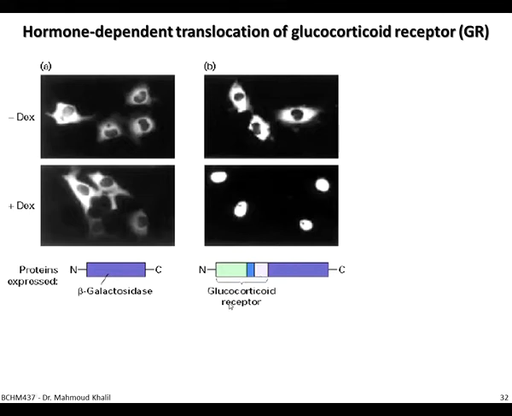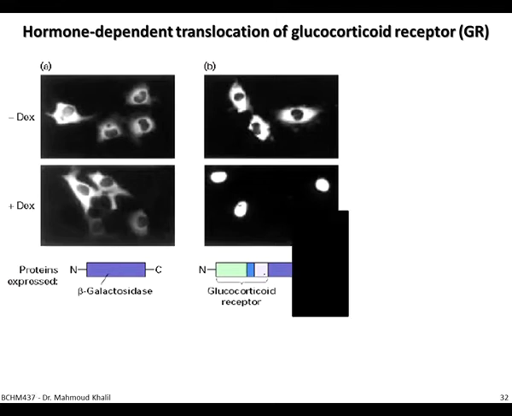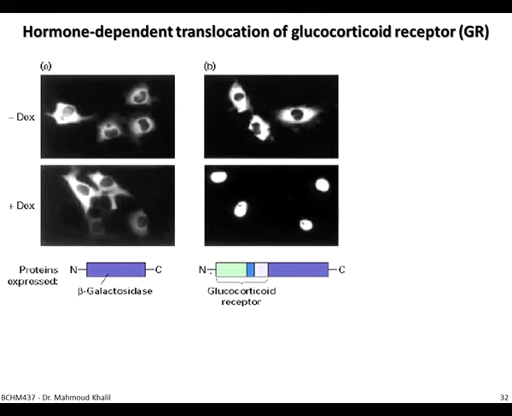Although we can't see the glucocorticoid receptor by itself, once it is bound to the beta-galactosidase, it will emit fluorescence because they are fused together.